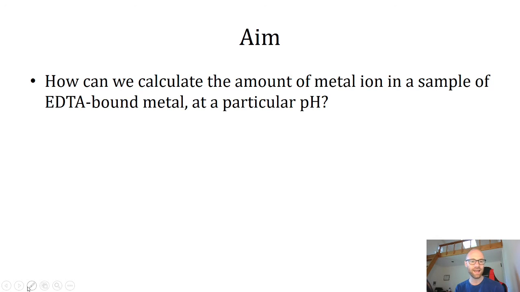That is to say, if you have a sample where you've added enough EDTA to trap your metal, most of the metal will stay trapped, but this is all equilibrium based. So we're going to figure out at that equilibrium how much free metal is there, how much free EDTA is there.